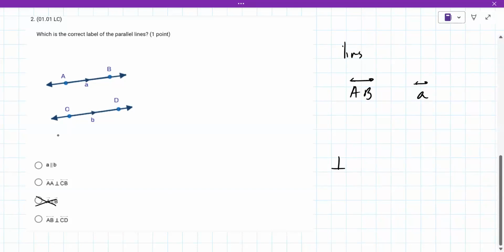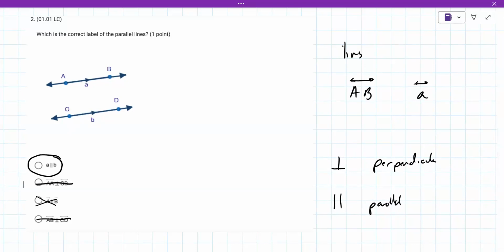This symbol means perpendicular. This symbol means parallel. So the only possible answer is the first one. The reason it's okay is you can use a single letter as long as it's not a point, like a descriptor for the line itself. Got it.